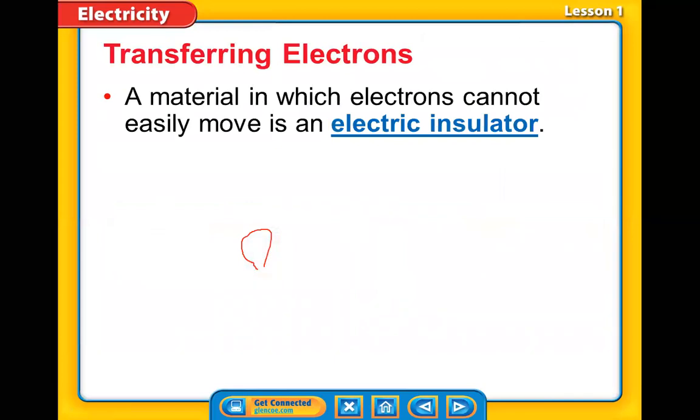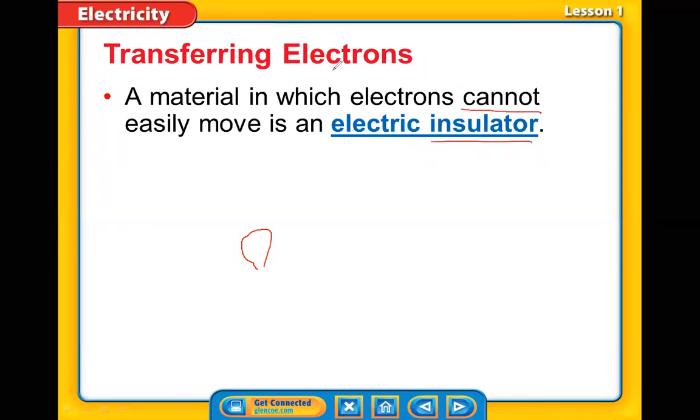How can the electrons transfer? We said that we can produce electric current or electric charges if the electrons transfer from one object to another object. Some materials can pass the electricity or the electrons through them, and some materials cannot move the electrons easily through them. The materials that cannot pass the electrons through them are called insulators.